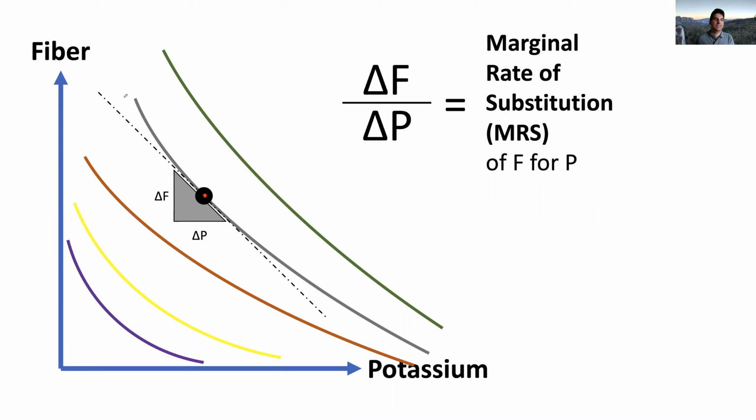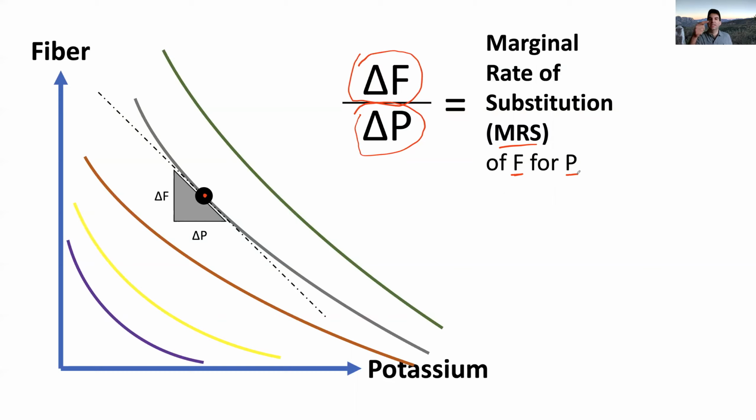And we refer to this slope, and technically it's a negative slope, but we get rid of the negative. So instead of thinking of it as rise over run, you can think of it as fall over run. So this is the fall here. So how much fiber am I giving up over how much potassium I'm gaining, or vice versa. And we call that the marginal rate of substitution, or MRS. And then we might say of one good for another.